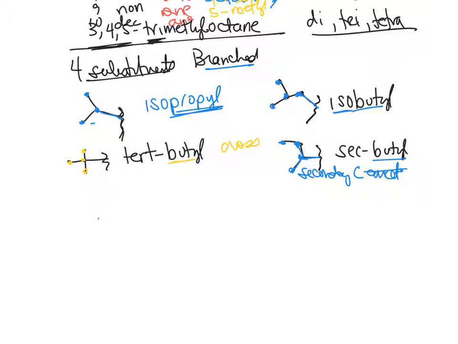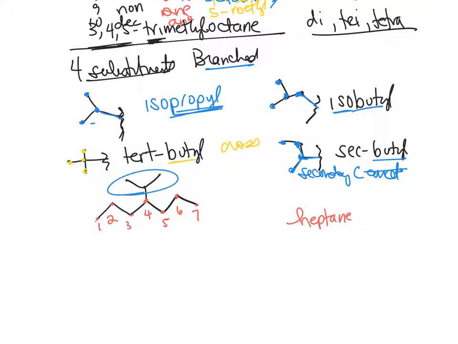So convert this structure to a name. Okay, so once again, you find your longest chain. 1, 2, 3, 4, 5, 6, 7. 1, 2, 3, 4, 5, 6. So this is 1, 2, 3, 4. It doesn't matter which way we name it. 7 is heptane.